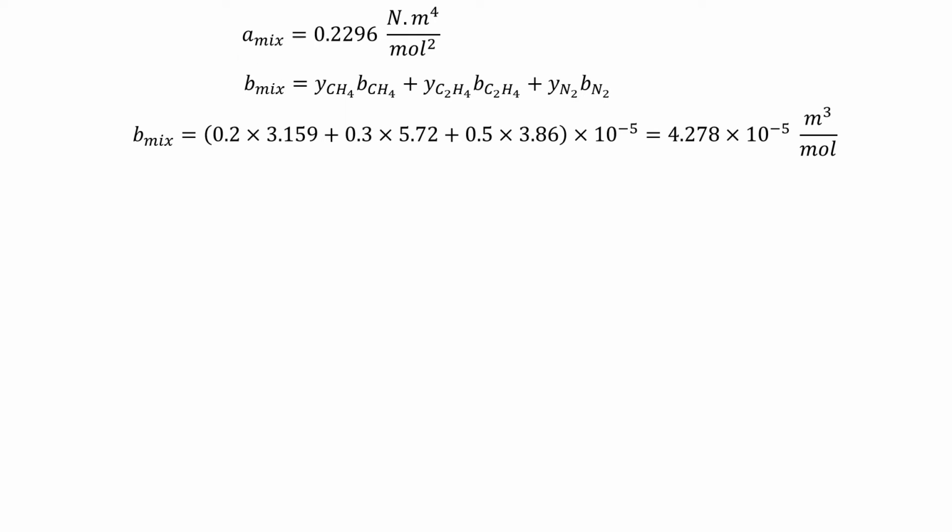Now we can rewrite the van der Waals equation in cubic form. This is the van der Waals equation. Here are the values of A and B. Instead of individual values, we will use the values of A and B for the gas mixture.